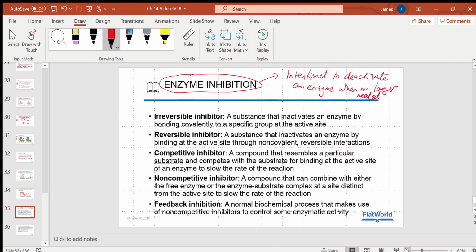You know, an enzyme is a switch. You shouldn't turn it on unless you know how to turn it off.